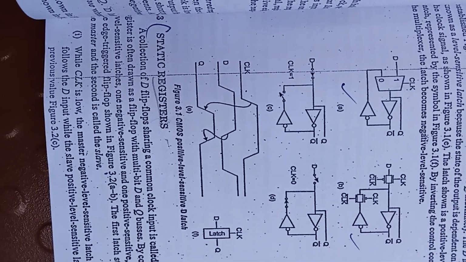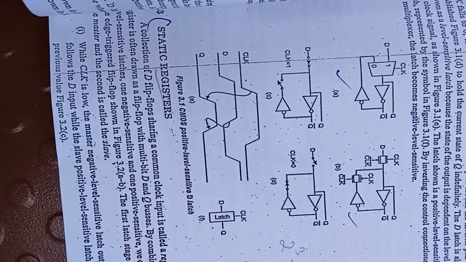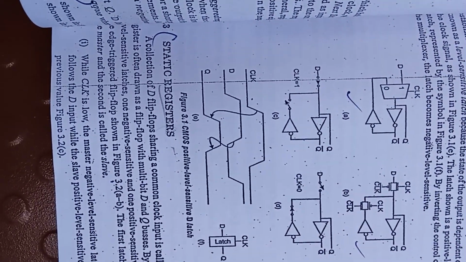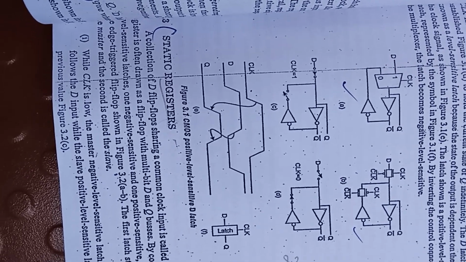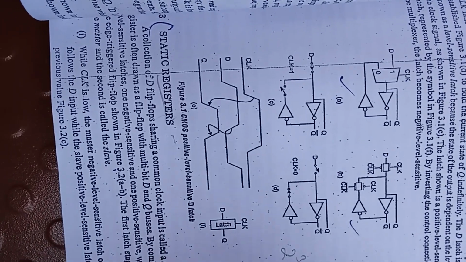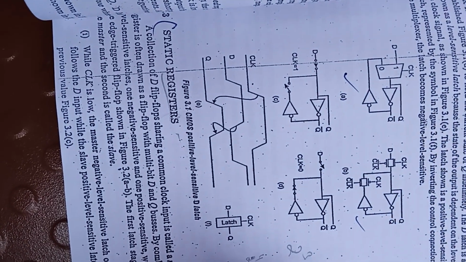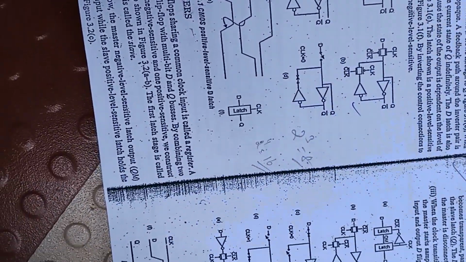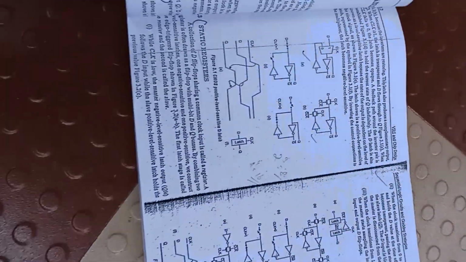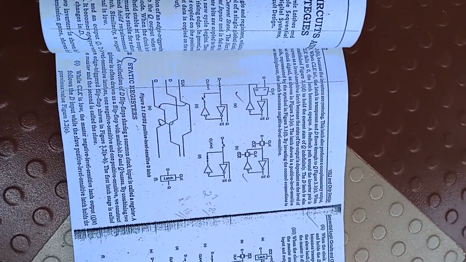These 3 bits can represent 2 power 3, that is 8 levels. And if we are using 4 flip-flops, we can store 4 bits, representing 2 power 4, that is 16 different possible values.